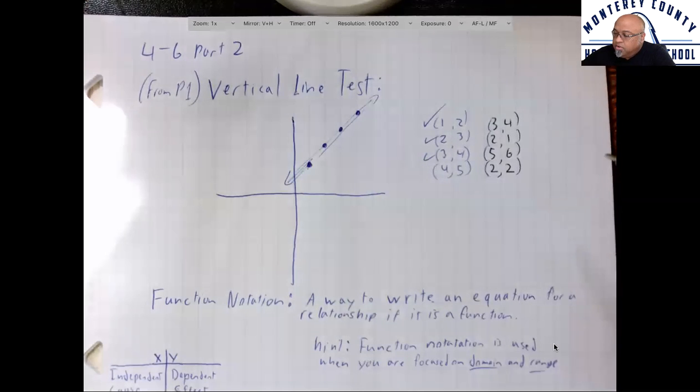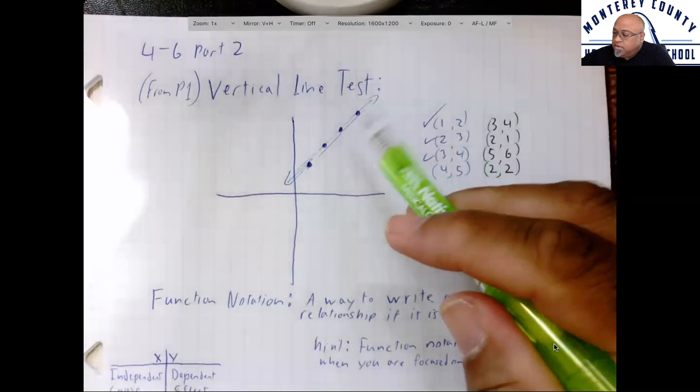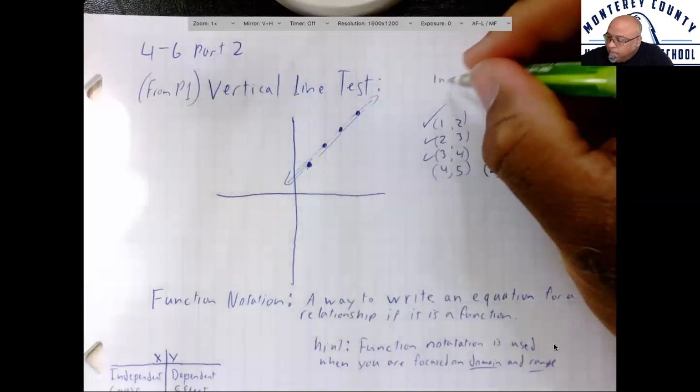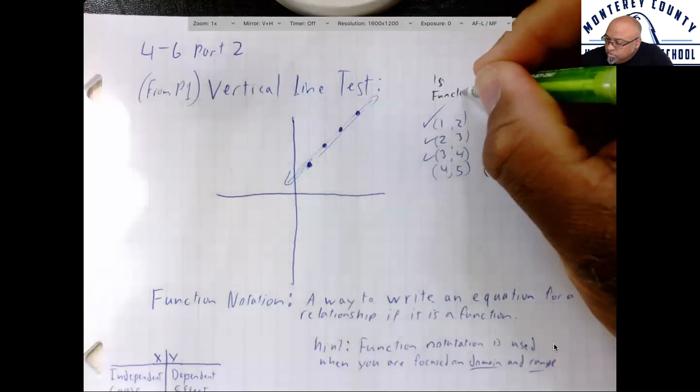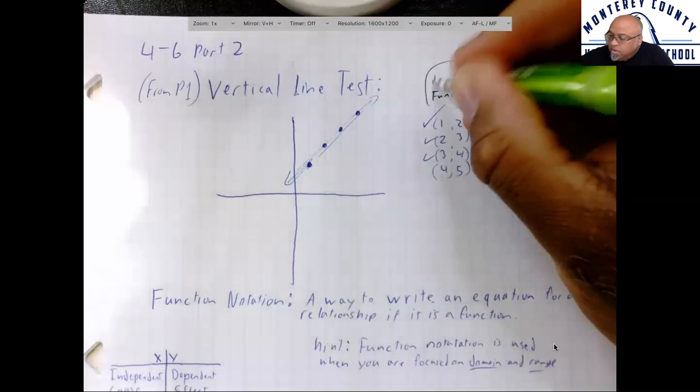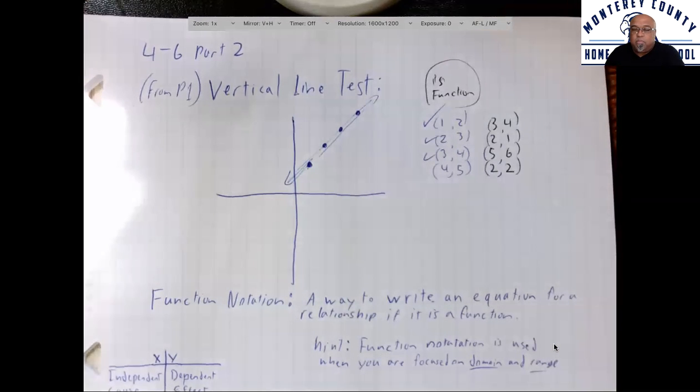Okay, so this is a function, because the given points, not so much that they make a straight line, but that they do not make a vertical line. Now, here's how you can tell if there's a vertical line.